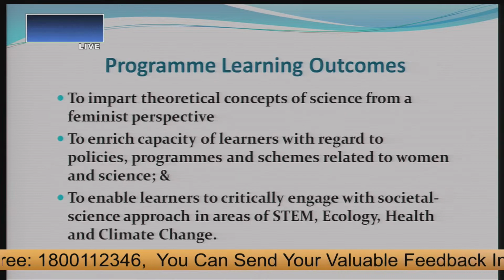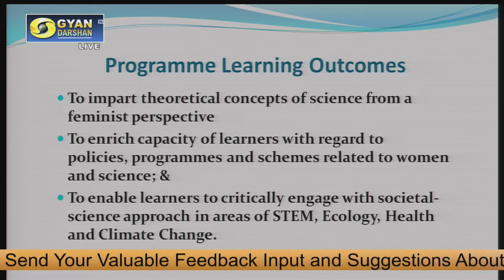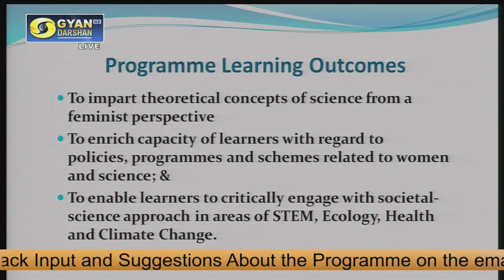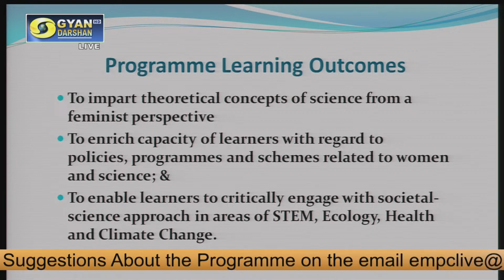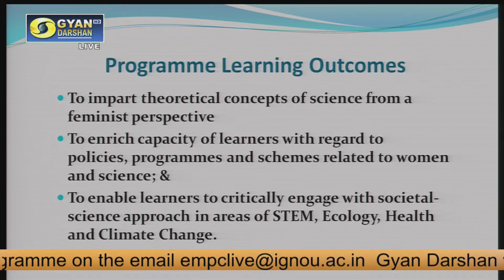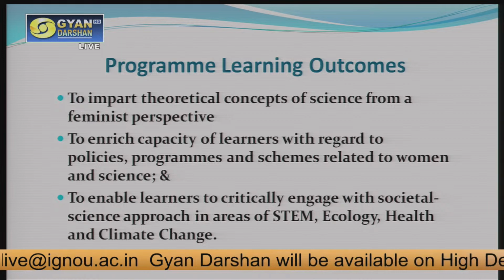The learning outcomes of this program are to impart theoretical concepts of science from a feminist perspective, to enrich the capacity of learners with regard to policies, programs and schemes related to women in science, and to enable learners to critically engage with societal science areas in the STEM field.